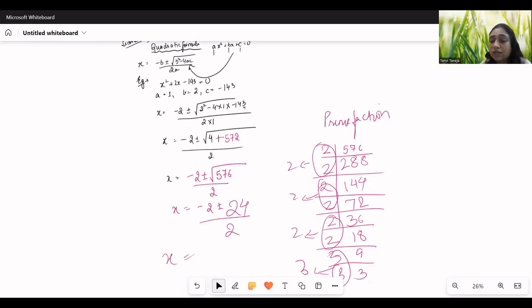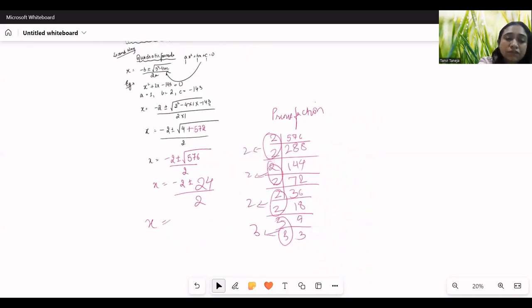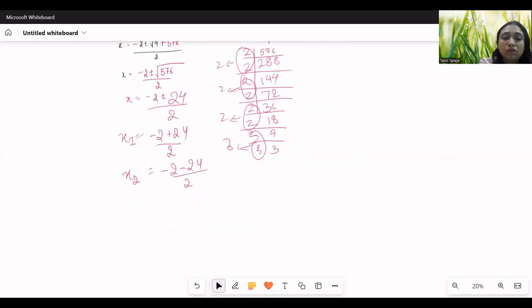As it is a quadratic equation, it will have two roots. That's why I've written plus and minus in between. How are you going to find the two roots? For the first root, I'm going to take the plus sign, and for the second root, I'm going to take the minus sign. I need to solve it.